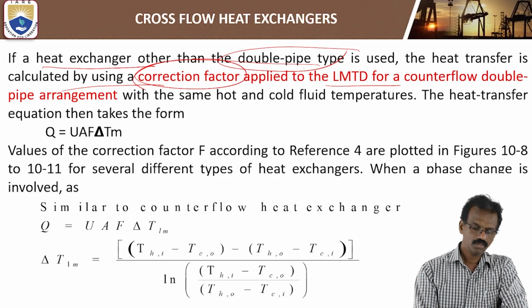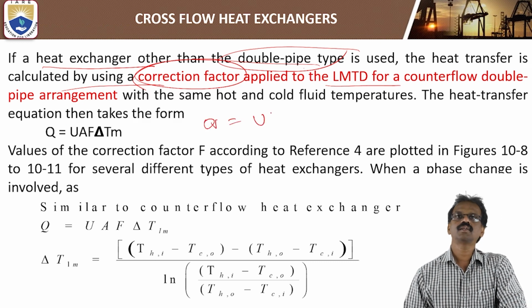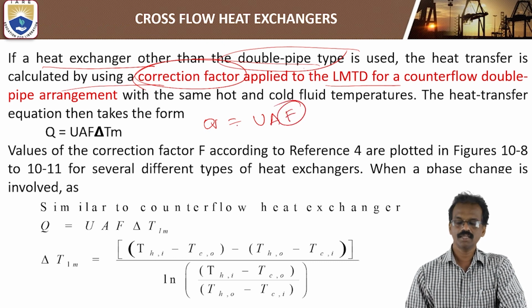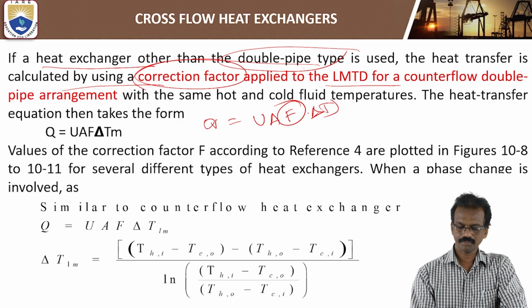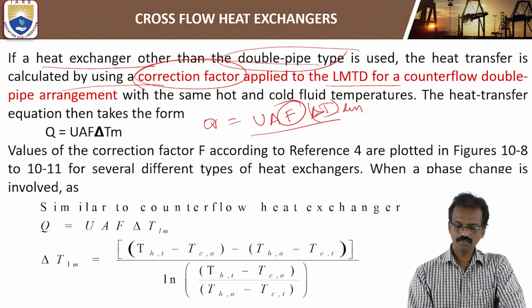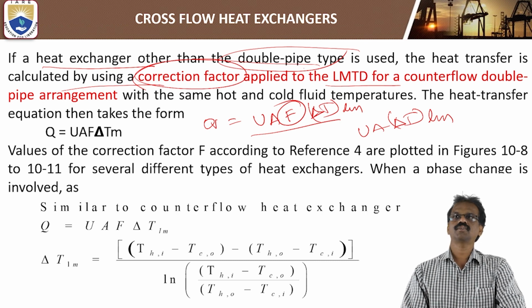The same formula applies: Q is equal to the overall heat transfer coefficient into area into F, the correction factor, into delta T LM, the logarithmic mean. This is the same formula as for a counter flow heat exchanger.